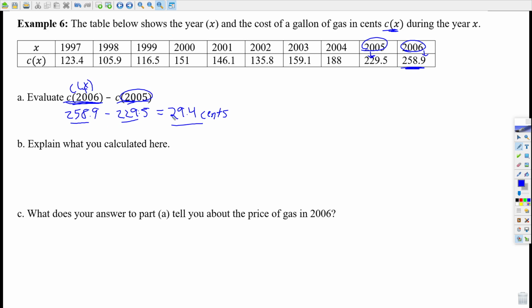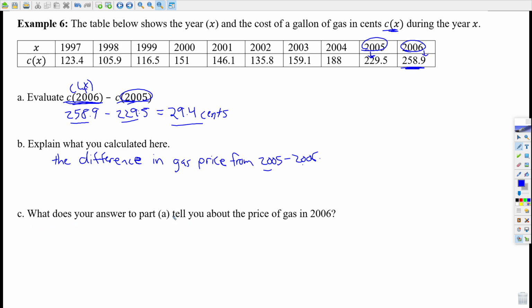So what we found here as an answer is the difference in gas price from 2005 to 2006. That's what we calculated. We found how much it changed from 2005 to 2006.